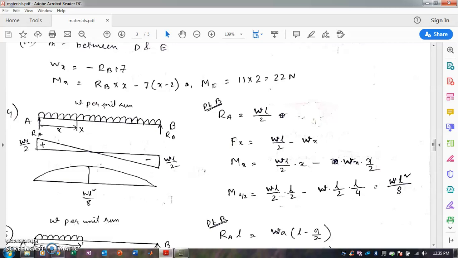So what will be the total load? The total load will be w into total length, that is wL. And at which point will it act? It will act at the center of gravity, that is the midpoint, at L by 2.